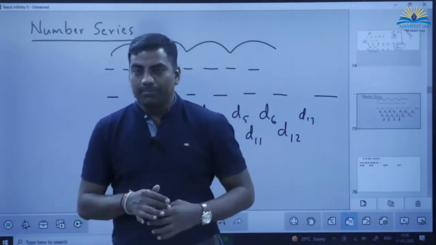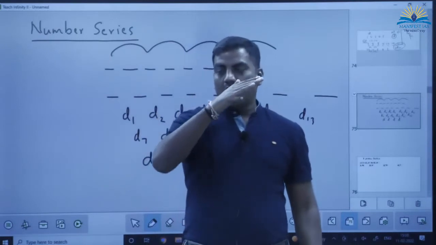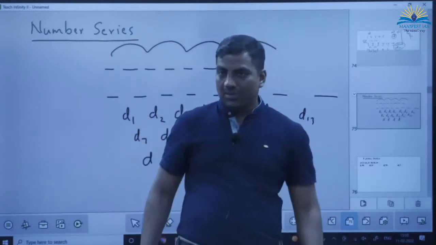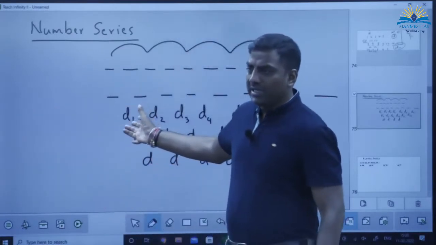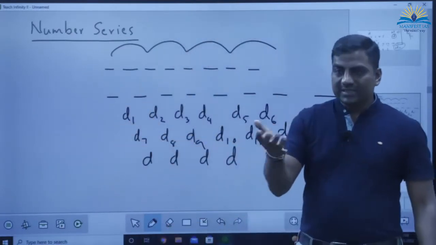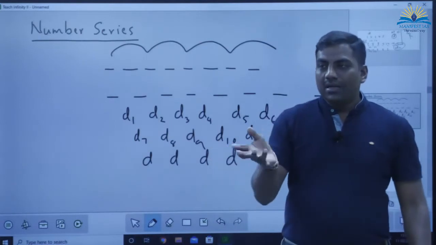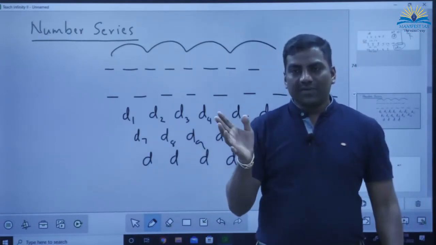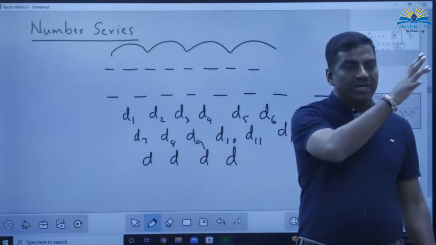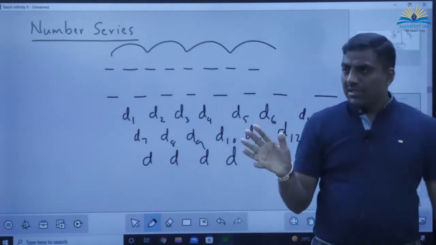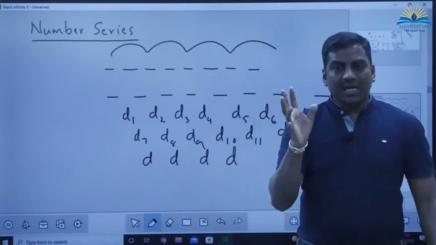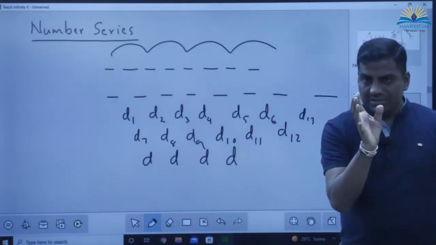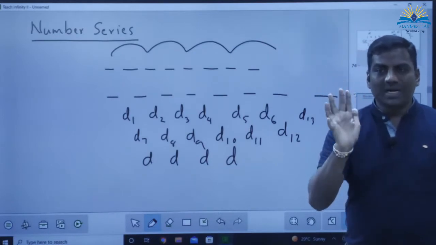Then, in a normal arithmetic series, let's say 2, 4, 6, 8, or 10, 15, 20, 30, or let's say 14, 18, 22, 27, 29, there must be some progression, and easily we can analyze that there is some difference. If we find the difference, we'll get the pattern.